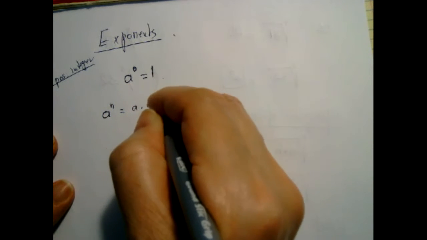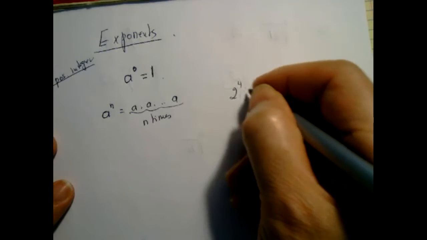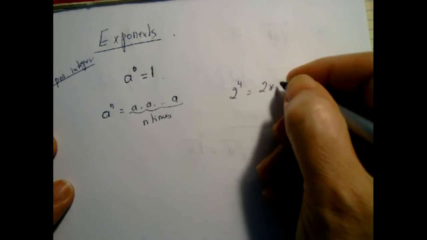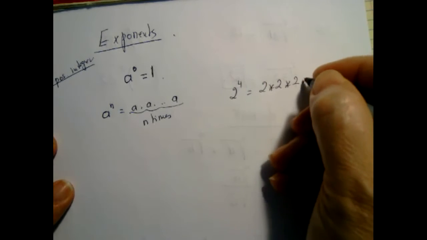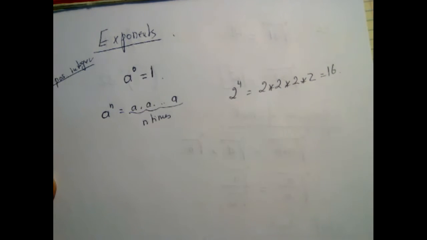Now, if you take a to the power n, of course, you know what this is. It means you take a and multiply it by itself n times. So for example, 2 to the power 4 is 2 times 2 times 2 times 2. All right, so those are the simple ideas.